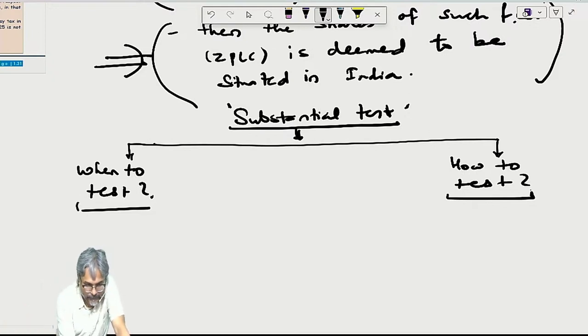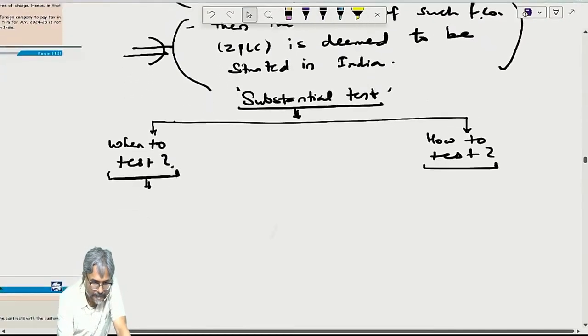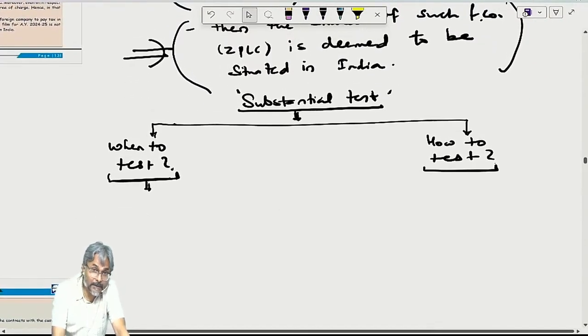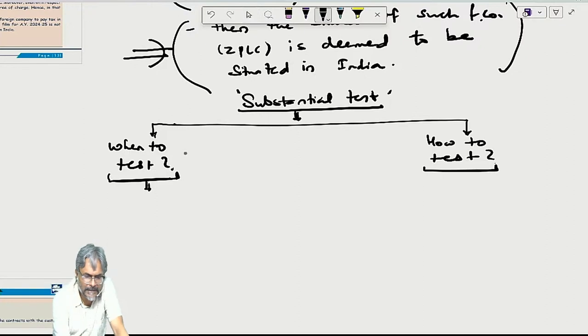So now if you have to put across when to test, there are two dates which have to be considered. When to test is the relevant date. What is the relevant date to test this substantial condition? On which date we should check whether ZPLC is deriving its value substantially from the Indian asset.